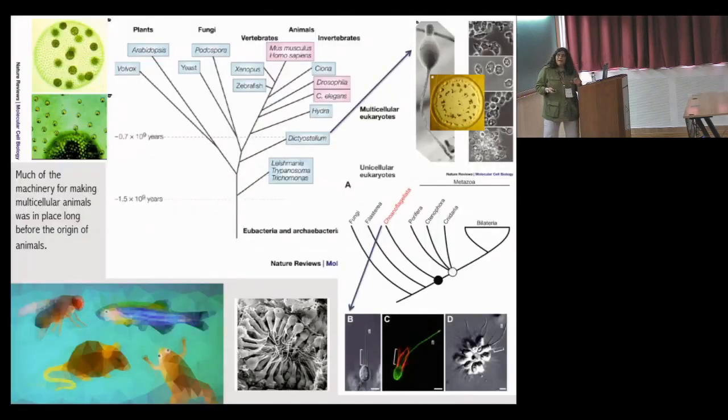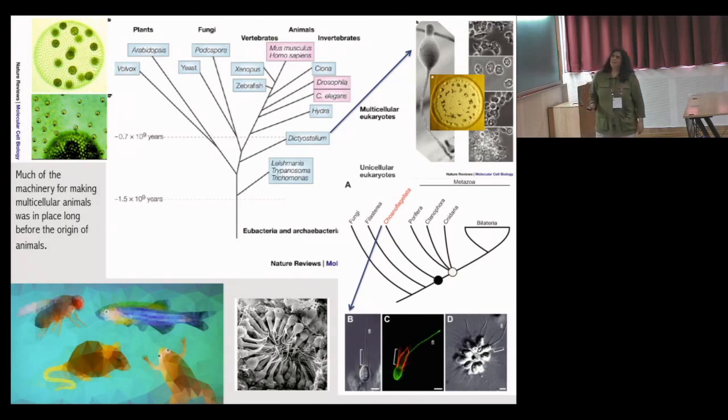I also want to point out that not all animals are like humans and fish and chick in that they're multicellular and they sort of look similar. There are also interesting animals like these two here.